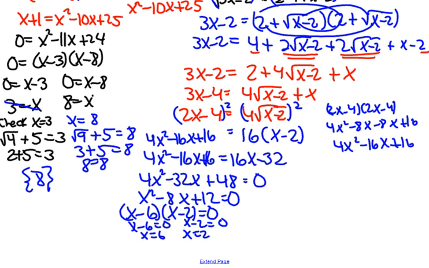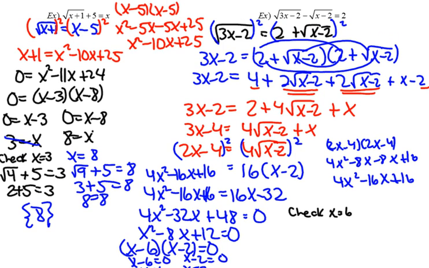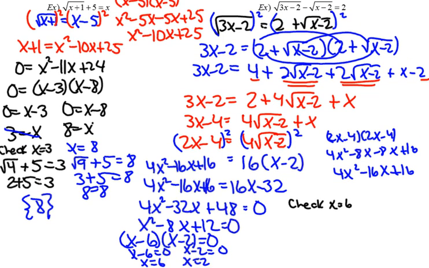Let's now check x equal to 6. Again, I'm going to have to scroll back up. So 3 times 6 is 18 minus 2 is 16. 6 minus 2 is 4. X equal to 6 is a solution.